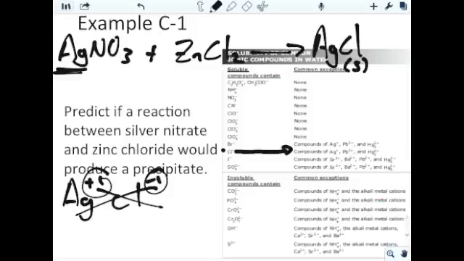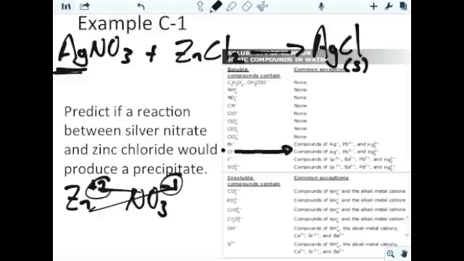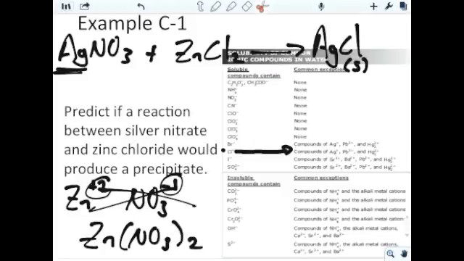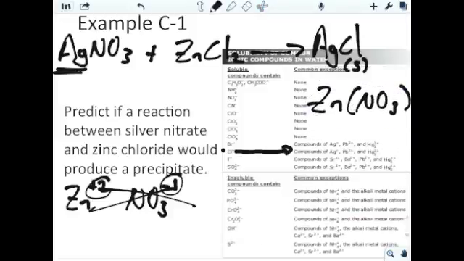The other thing that we could possibly have, let's see what zinc does. Zinc, which is plus 2, is bonded to nitrate, negative 1, crisscross, and we get Zn(NO3)2. That's our other compound. So those are the two that we have.